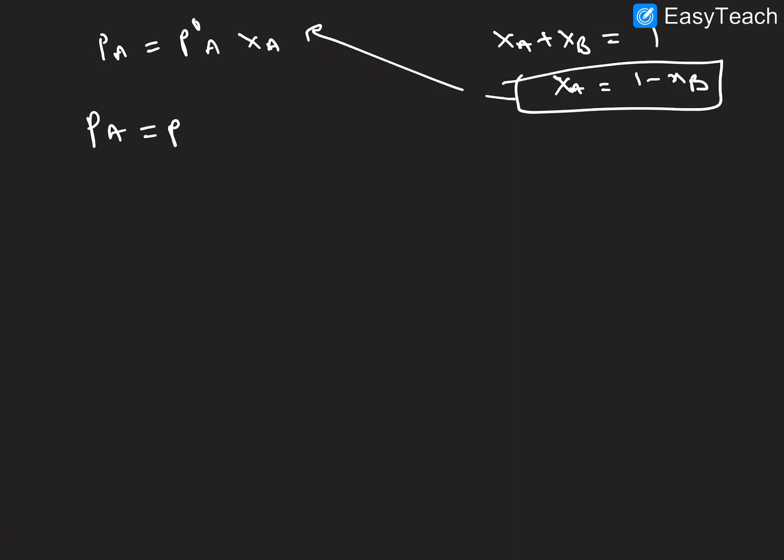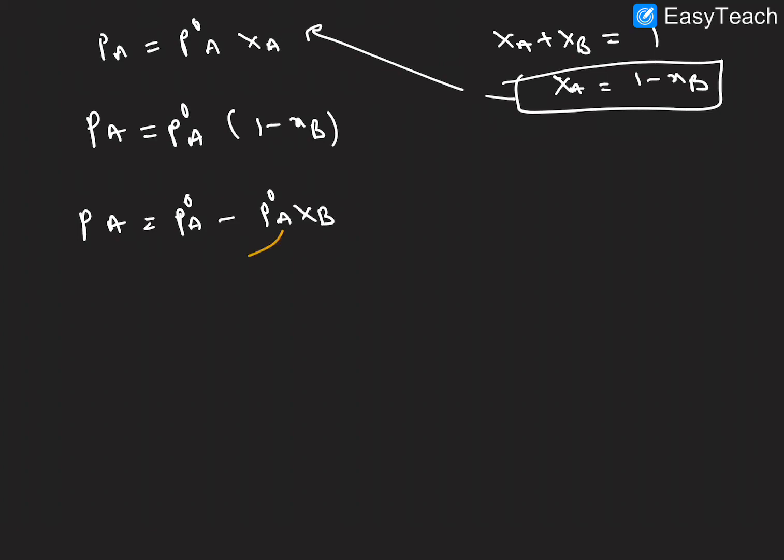So PA equals P naught A into (1 minus XB), which gives P naught A minus P naught A into XB.